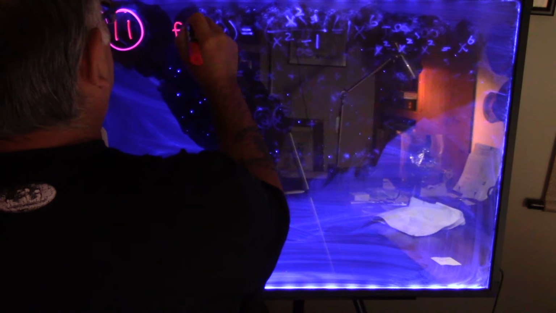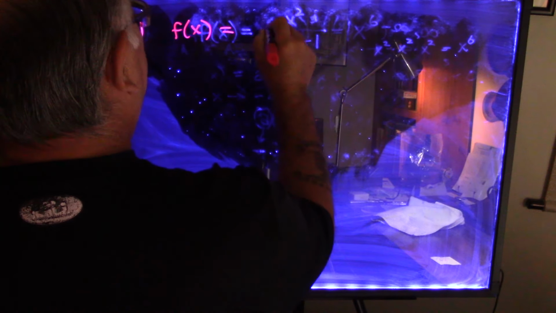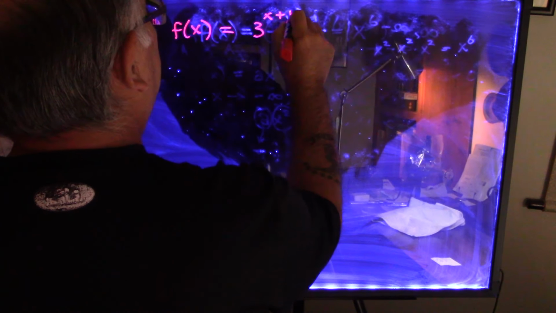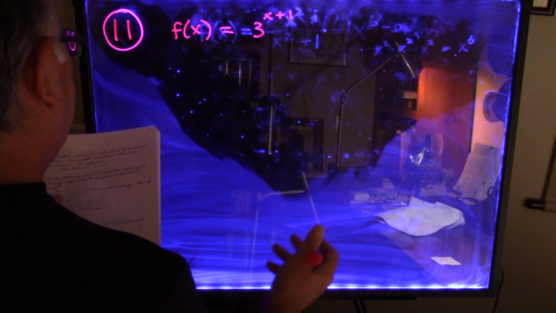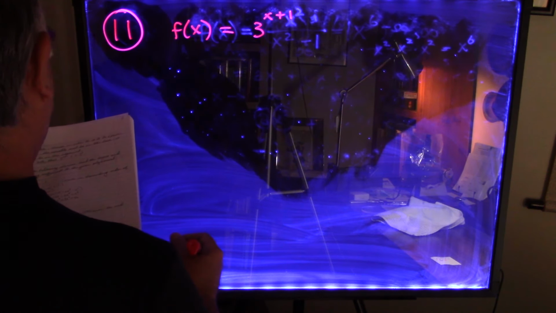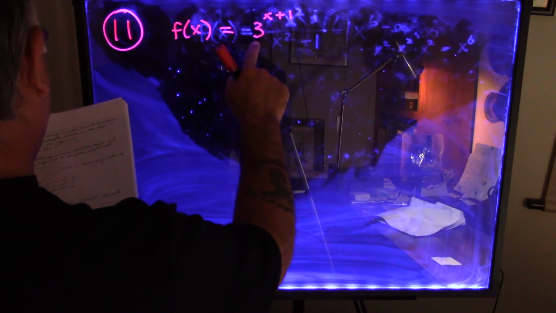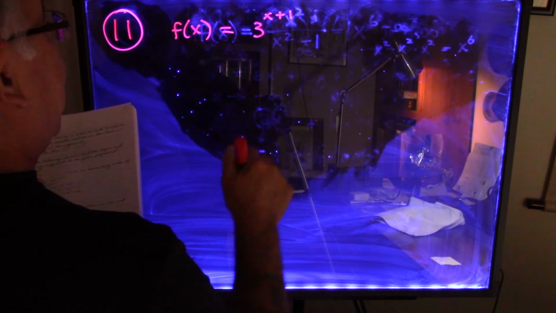Number 11. We have f of x equals 3 to the x plus 1. Is this a power function? No, because in order for it to be a power function, the variable has to be down here in the base, and it cannot be in the exponent.